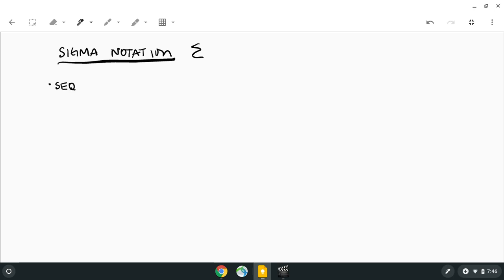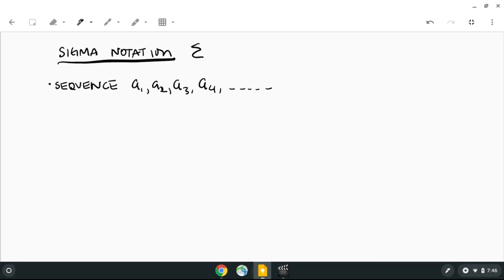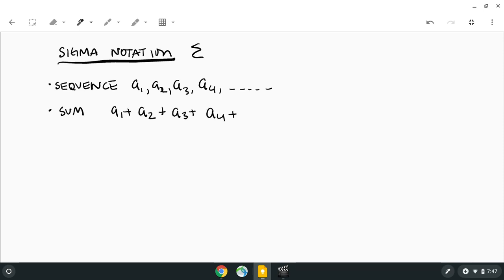We know what a sequence looks like, right? So we have A1, A2, A3, A4. And then we know what we have to do when we're trying to find partial sums. Maybe we're adding A1 plus A2 plus A3 plus A4, right?